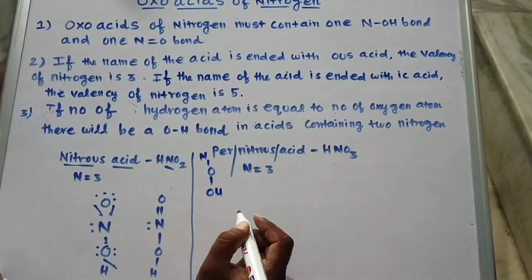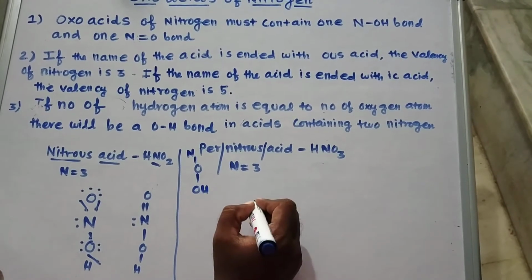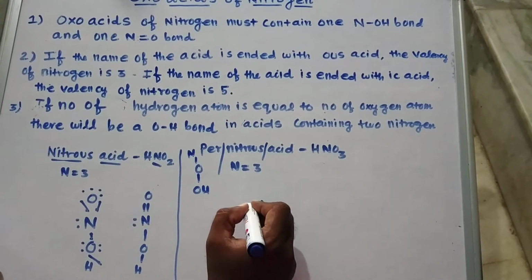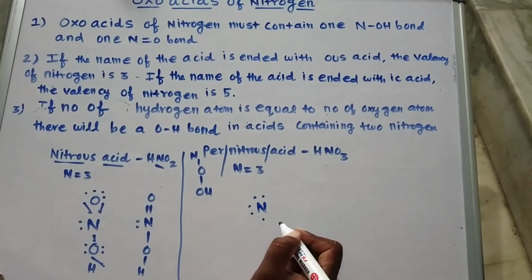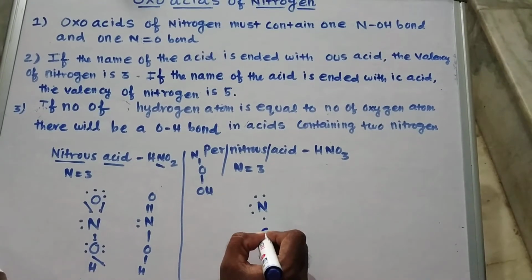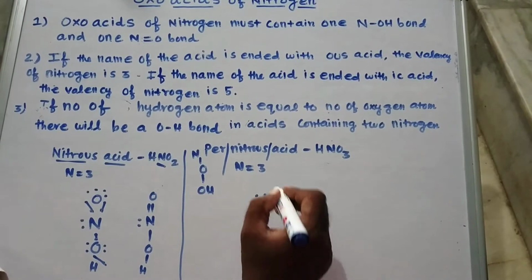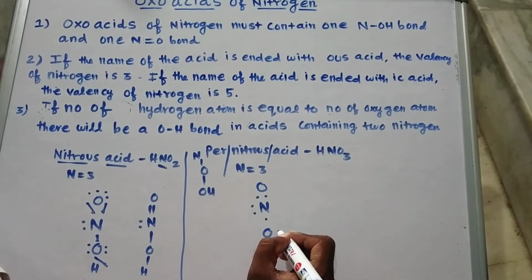So now we are going to draw the structure. The valence electrons of nitrogen is equal to 5: 1, 2, 3, 4, 5. Then there is an N-OH bond and there is an N double bond O bond. Similarly, the valence electrons of oxygen is equal to 6.